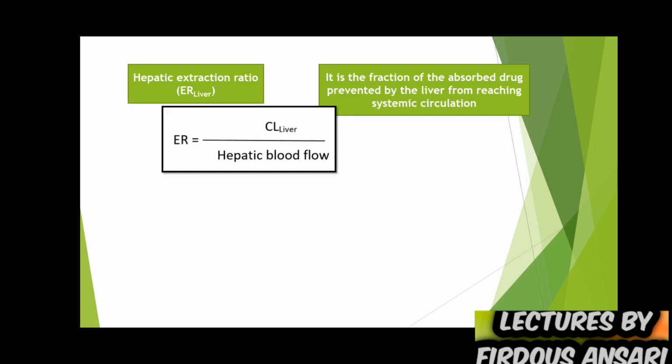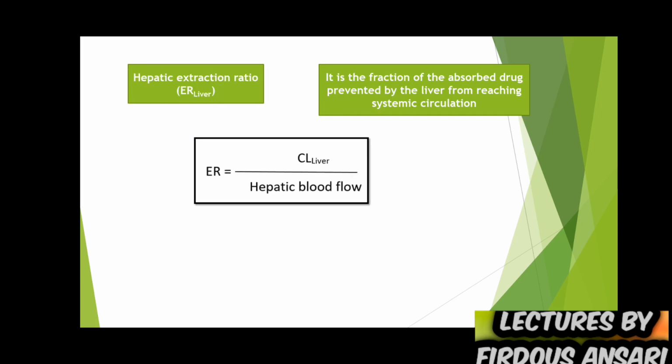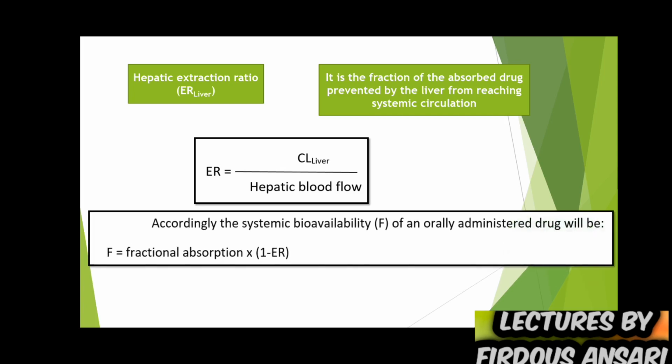This can be calculated by the formula ER = CL liver divided by the hepatic blood flow. CL means the drug cleared from the liver. Accordingly, the systemic bioavailability, that is F, of an orally administered drug will be F = fractional absorption × (1 − extraction ratio).